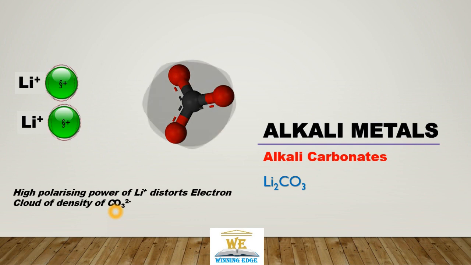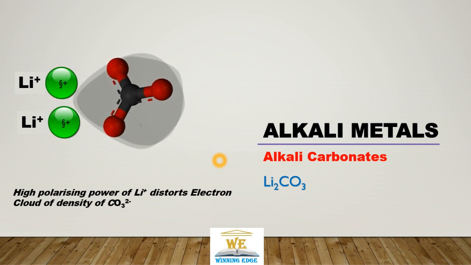So what happens? In carbonate, the two units of negative charge are spread over the whole molecule, but the lithium cation distorts the electron density, or destabilizes it, you see. Compared to this, lithium oxide is more stable, having 2 units of negative charge over a single oxygen atom.